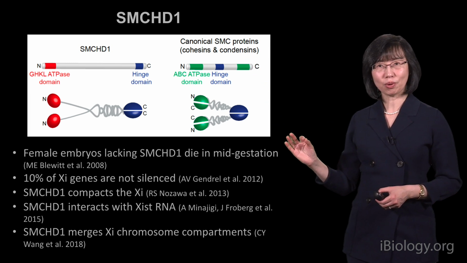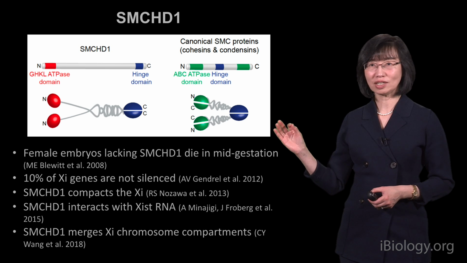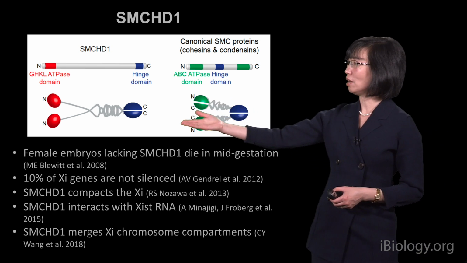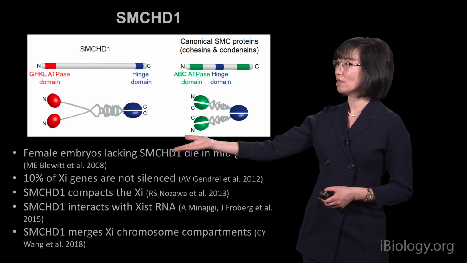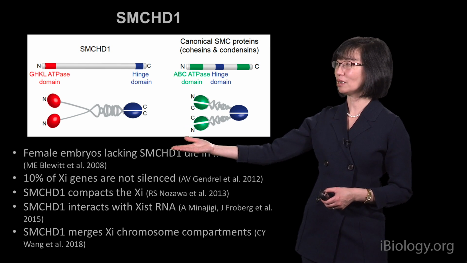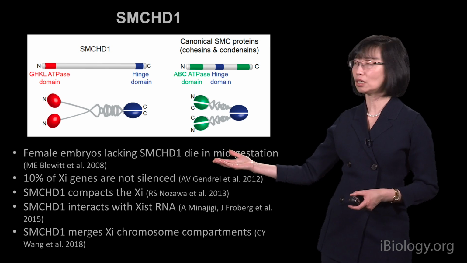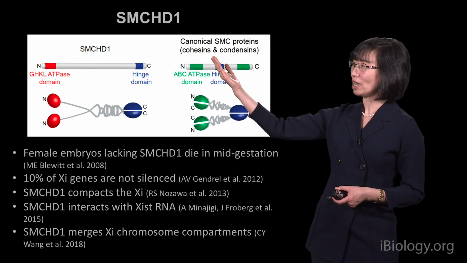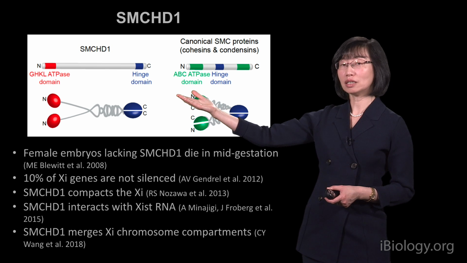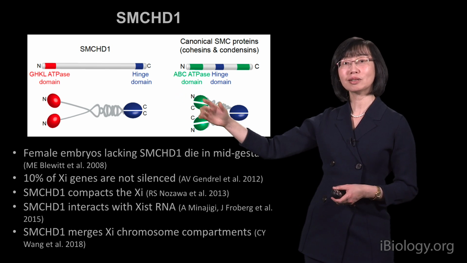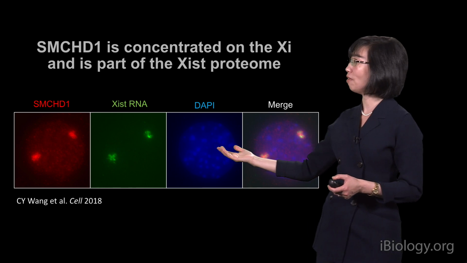SMCHD1 is very important in the formation of these XI-specific compartments. And it was Emma Whitelaw who observed many years ago that embryos lacking SMCHD1 would die in mid-gestation due to dysfunctional X inactivation. So SMCHD1 is a non-canonical SMC protein that's like the cohesins and condensins, except that it has a very different function.